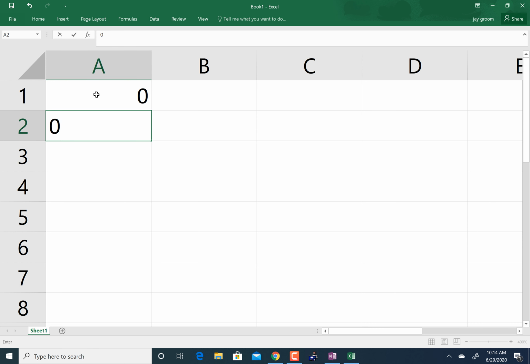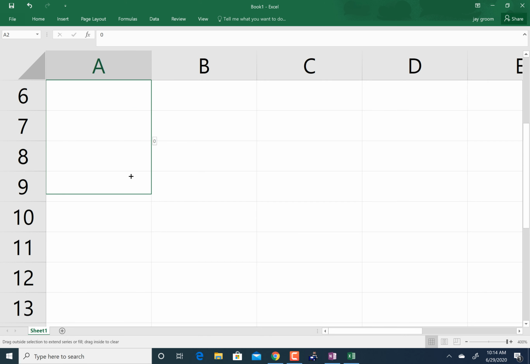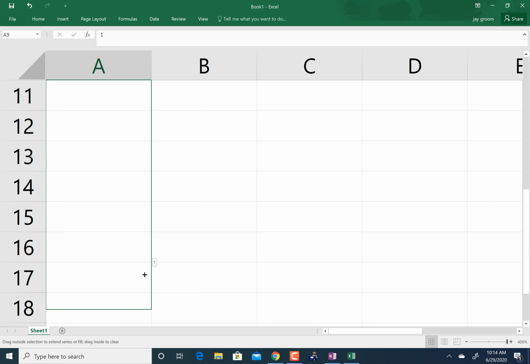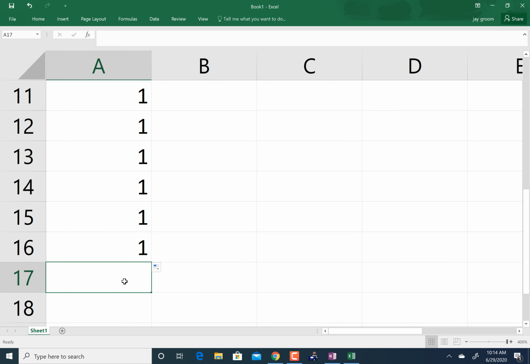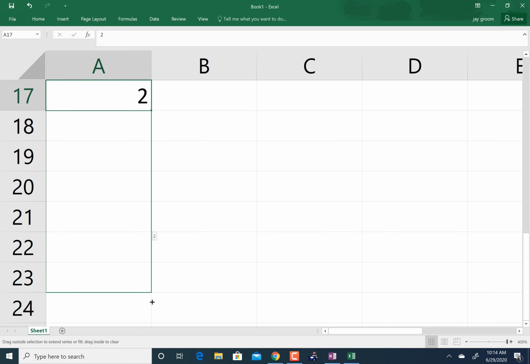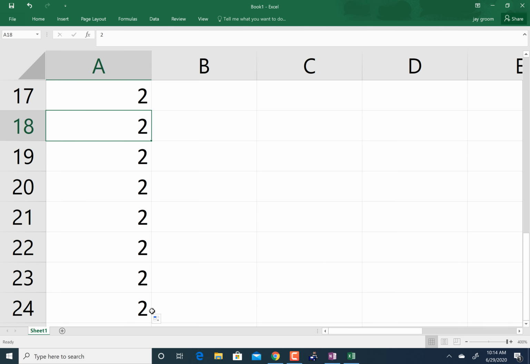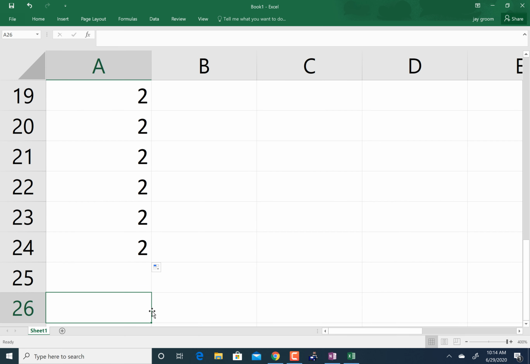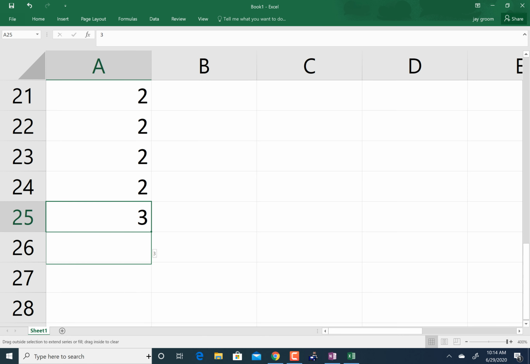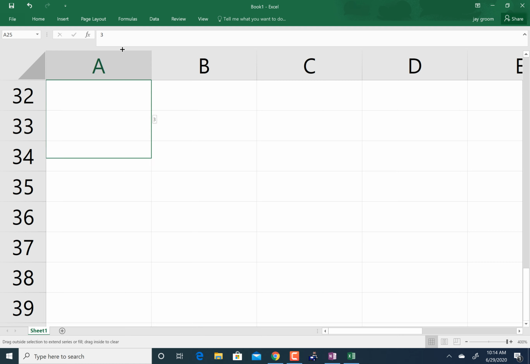And so on. I'm going to drag it down to 8. And then 1. And drag it down. Come back.